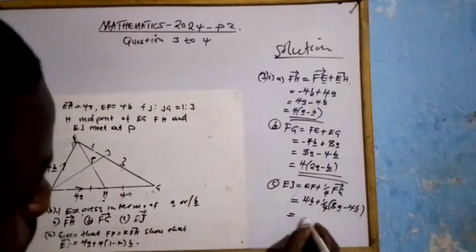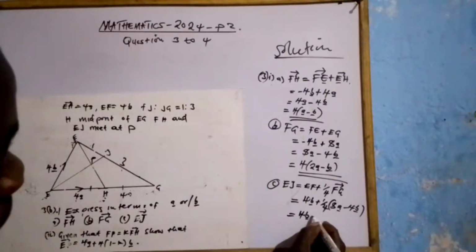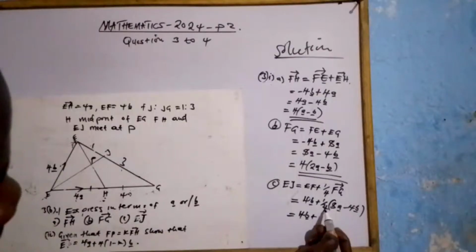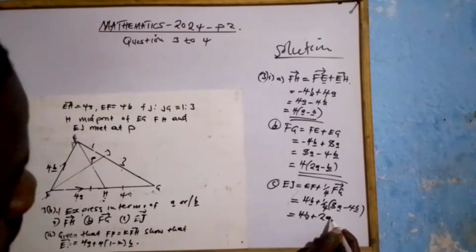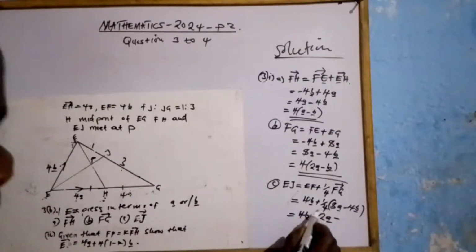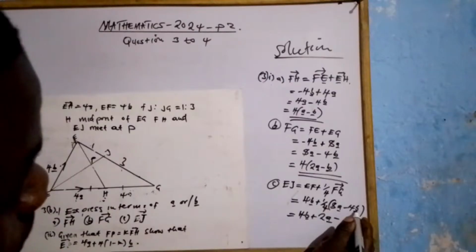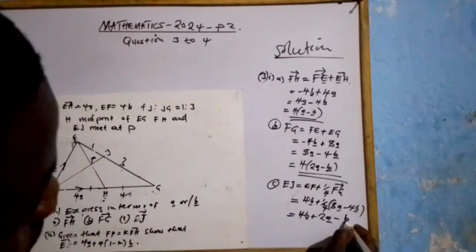Then here you're going to have 4B, then plus 1 times 8, 4 into 8, it is 2A, then minus 4 into 4, which is 1. So it remains with B here, okay?